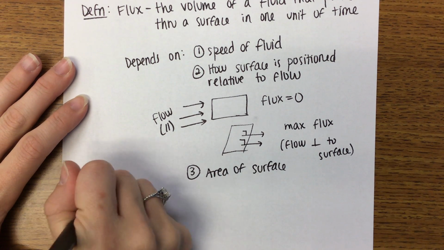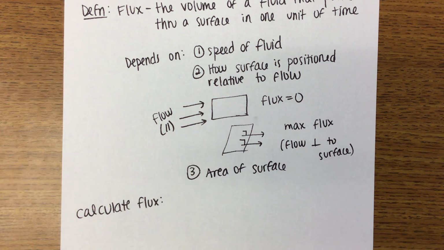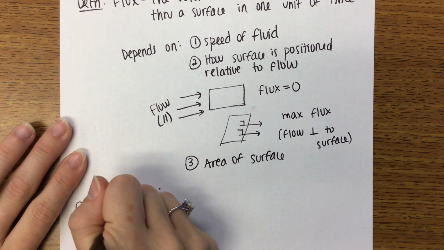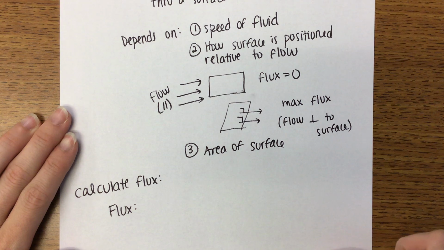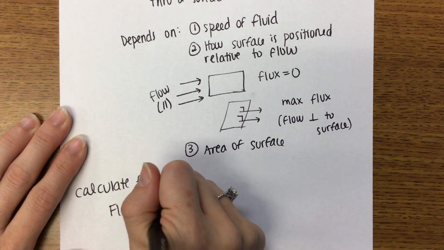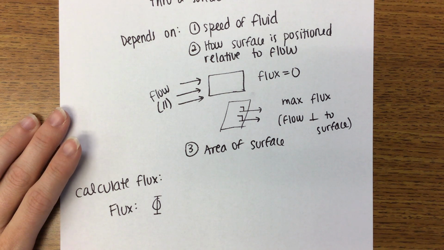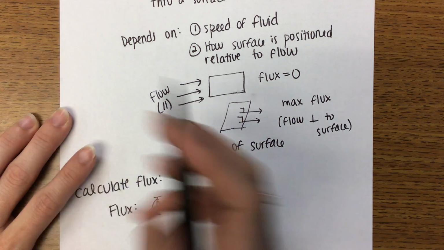Okay, so how to calculate flux? First thing that you need to know is the symbol for flux. This is a symbol I use. I don't think your book uses, though. So anytime you see that in your packet, I use that to denote flux.